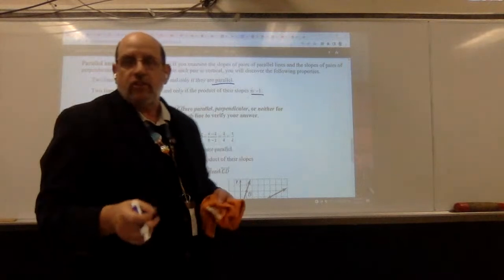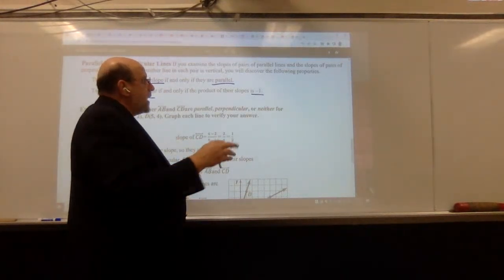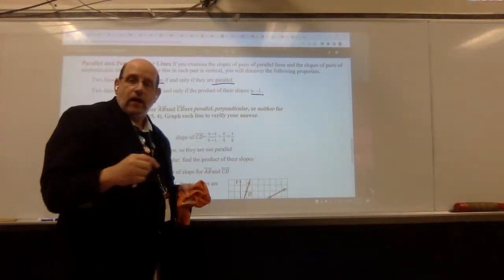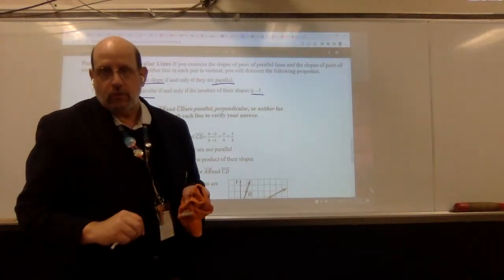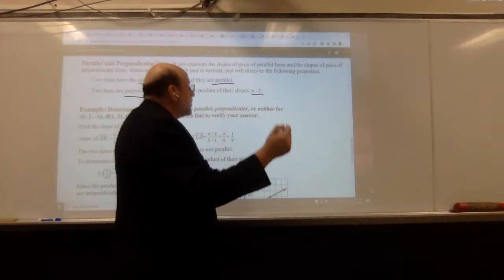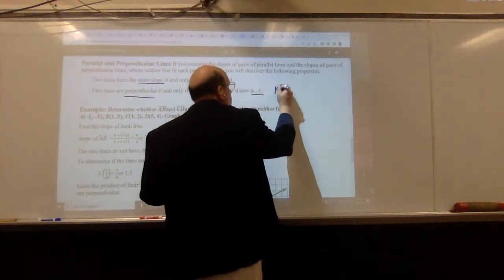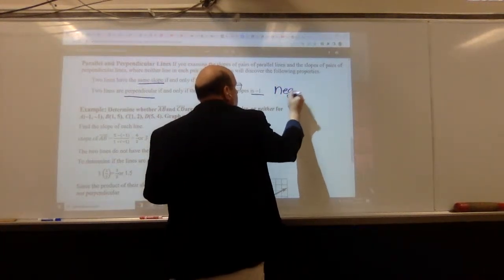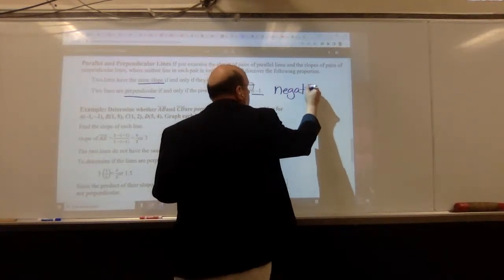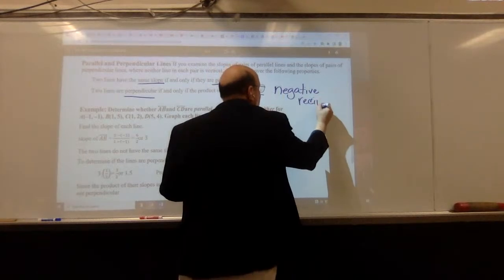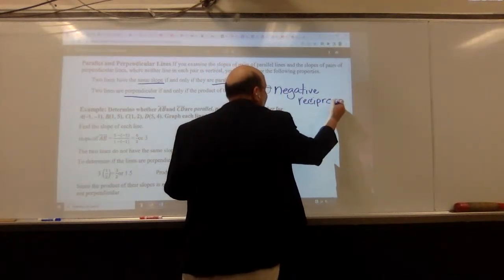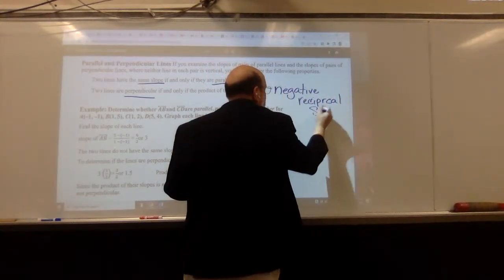Real mathematicians say that perpendicular lines have negative reciprocal slopes. Negative reciprocal slopes. Let me write that out. Negative reciprocal slopes.